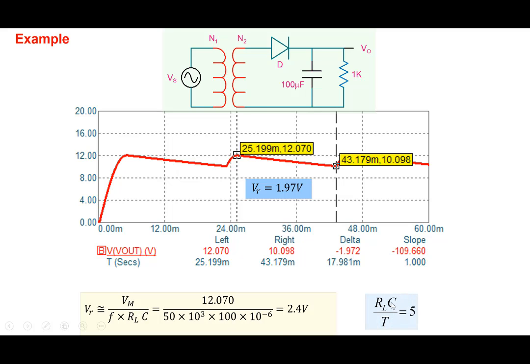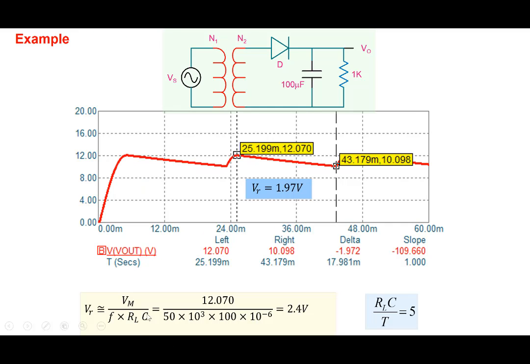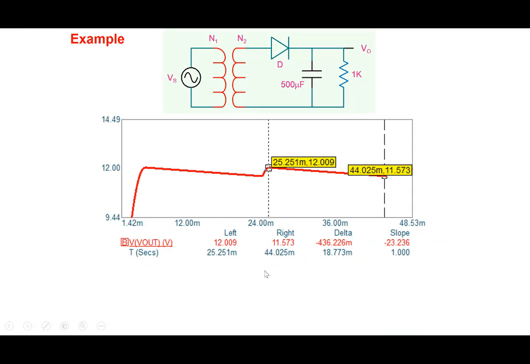So by changing C, one can change the amount of ripple that one will get here. In this case, RLC by T is 5. And note that if I increase from 100 microfarad to 500 microfarad, according to our expression, C has been increased by a factor of 5, and therefore the ripple should fall by a factor of 5. And this is indeed what we see here. It falls to 0.436.